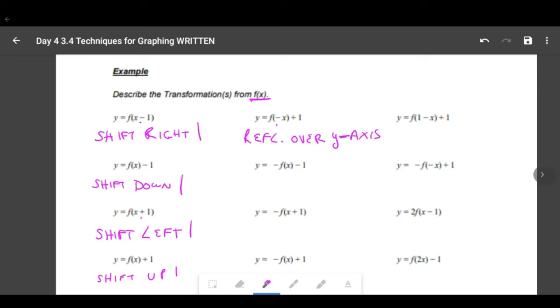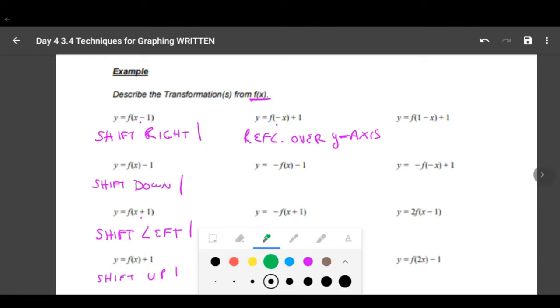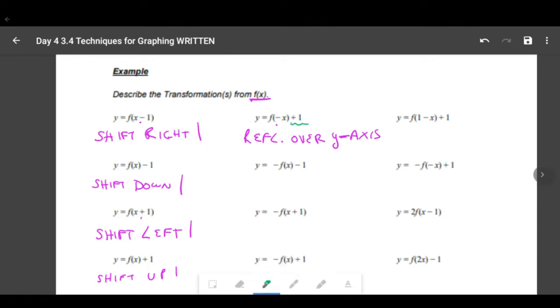So that's the first part. The second part, I'll change the color real quick. If I see this +1, just like we talked about in the left-hand column, I am going to shift up 1. So basically I had two transformations in this one. The first one reflected over the y-axis, the negative on the inside. The +1 tells me that I'm going to shift up 1.